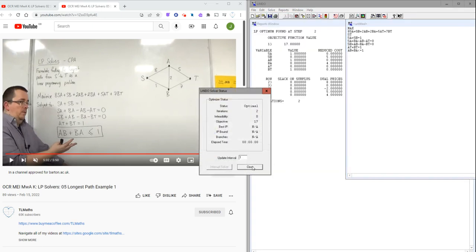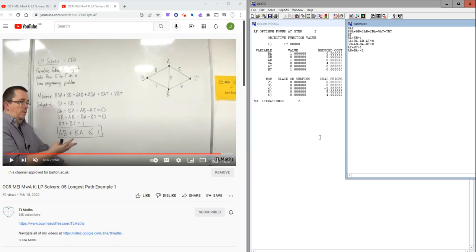Okay, so what it's giving me this time, again, I'm going to ignore this bit at the bottom. We've got an objective function value of 17. So the longest route through is 17. And that's using SA, so 8, and AB, 2.